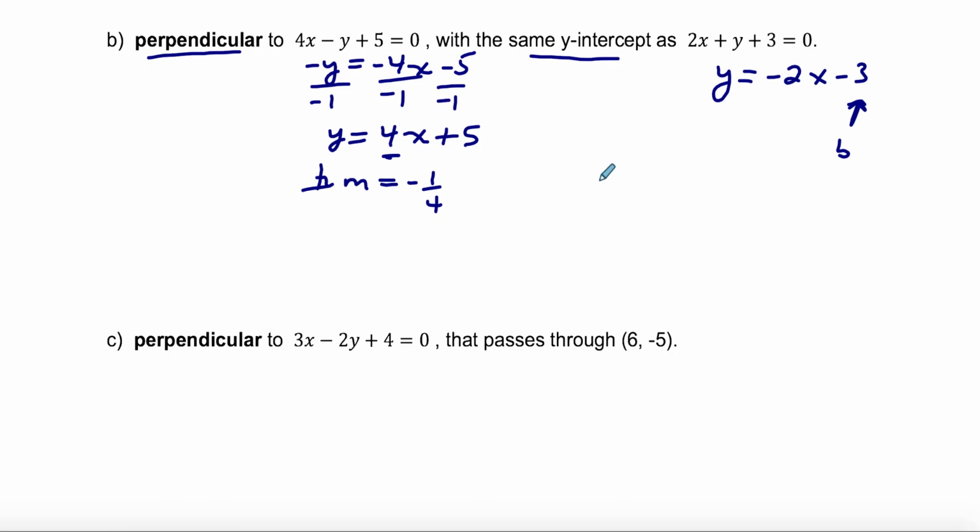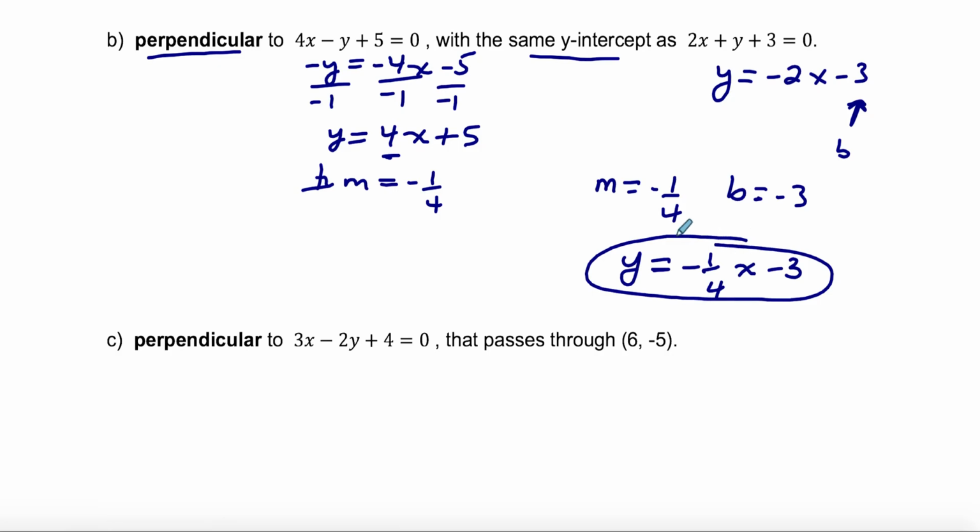So right now I have a slope of negative 1/4, and I have a y-intercept of negative 3. So I wouldn't actually have to do anything else. I would know what the equation is. y equals negative 1/4 x minus 3 would be the equation. So we use the perpendicular slope from that equation and the y-intercept from that equation to make a new equation.